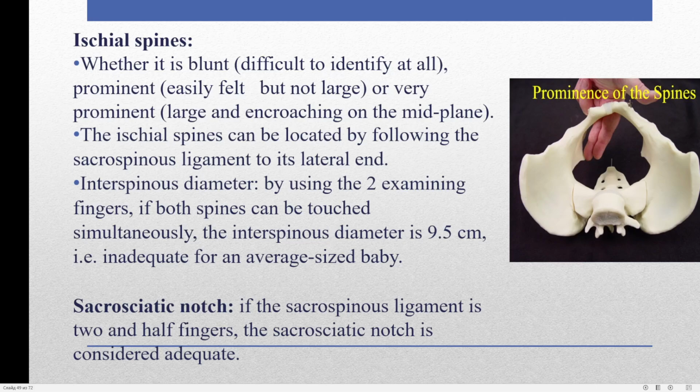Interspinous diameter is assessed by using the two examining fingers. If both spines can be touched simultaneously, the interspinous diameter is 9.5 centimeters. Sacroischiatic notch: if the sacrospinous ligament is 2.5 fingers, the sacroischiatic notch is considered adequate.